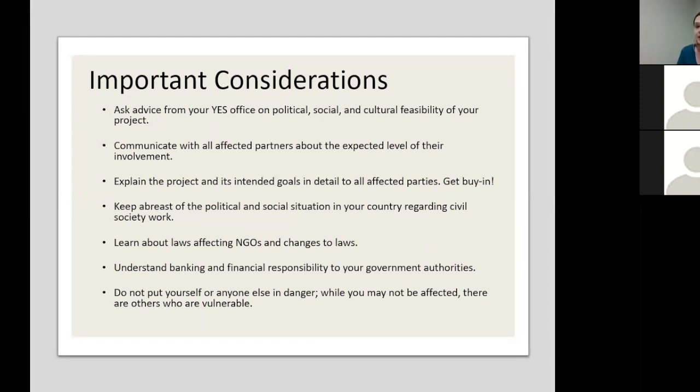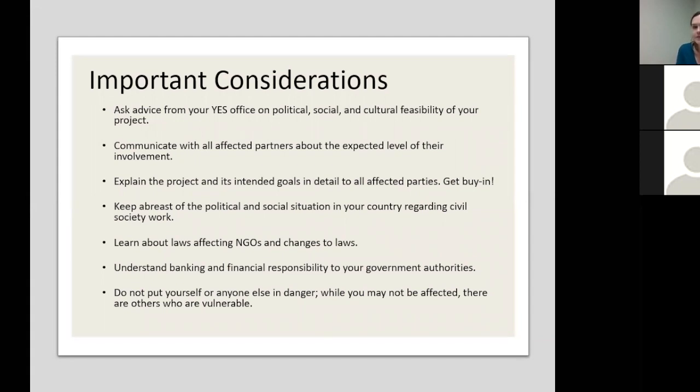Explain the project and its intended goals in detail to all affected parties to get buy-in. And again, keep abreast of the political and social situation in your country. Know about local laws involving NGOs, and also understand any banking and financial responsibility to your government authorities.